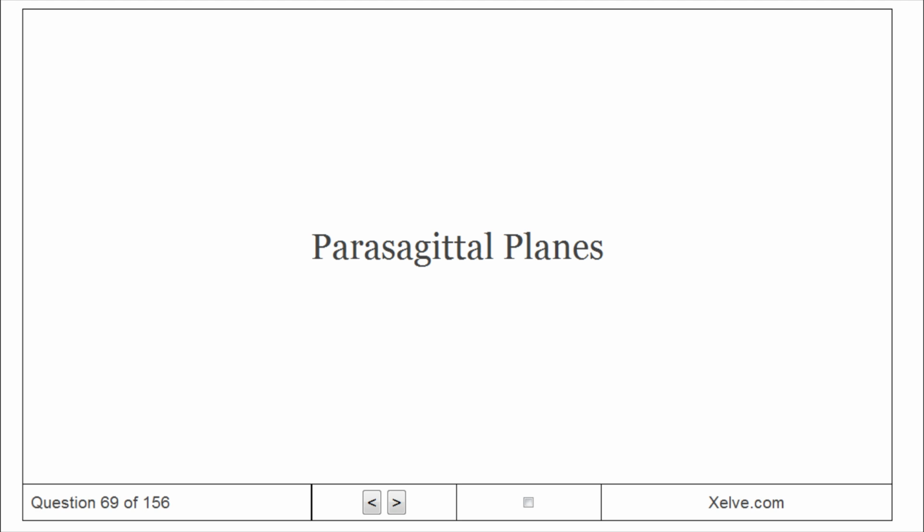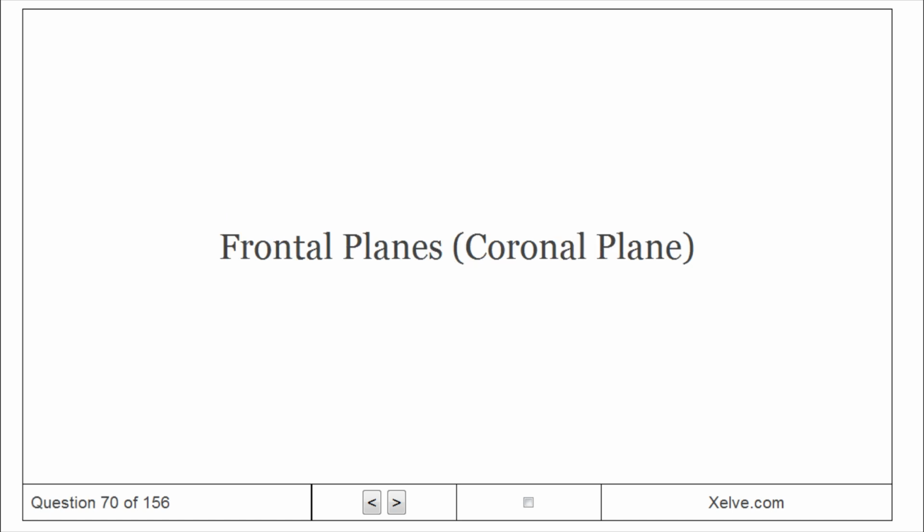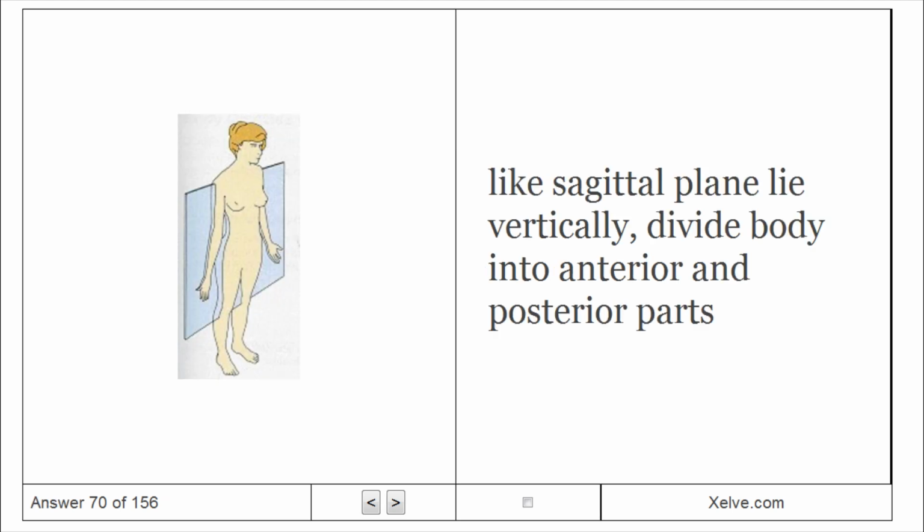Parasagittal planes: all other sagittal planes offset from the midline. Frontal planes, coronal plane: like the sagittal plane, they run vertically, dividing the body into anterior and posterior parts.